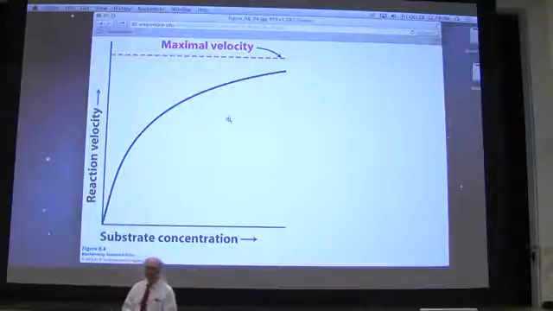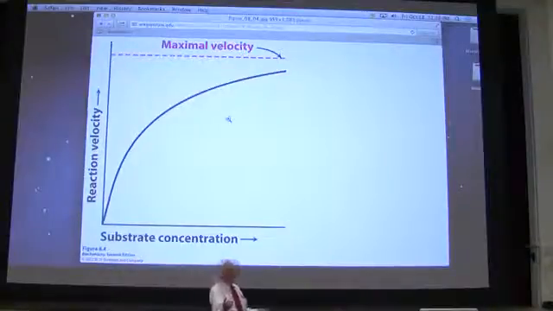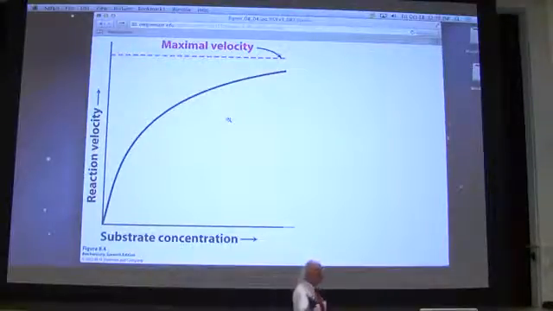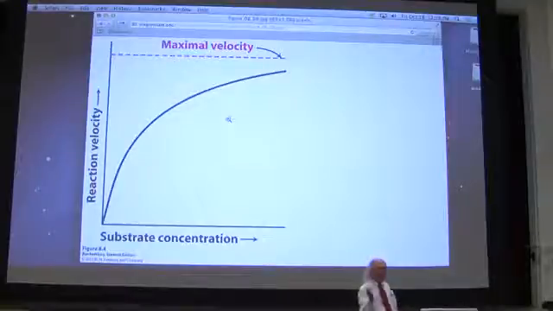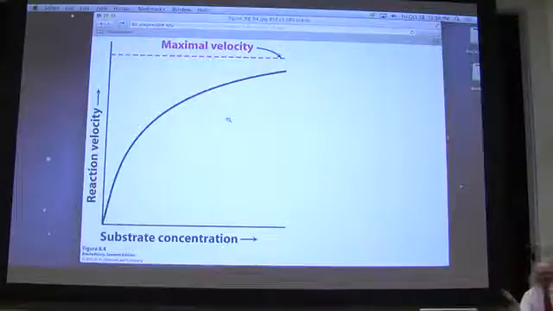If I have a given velocity for a given amount of enzyme, and I double the amount of enzyme, I'm going to double the maximum velocity. So maximum velocity, if I'm going to talk about it, really has to be related to how much enzyme you used. You've got to think about that. So maximum velocity is not inherent to an enzyme, it's inherent to a concentration of enzyme.